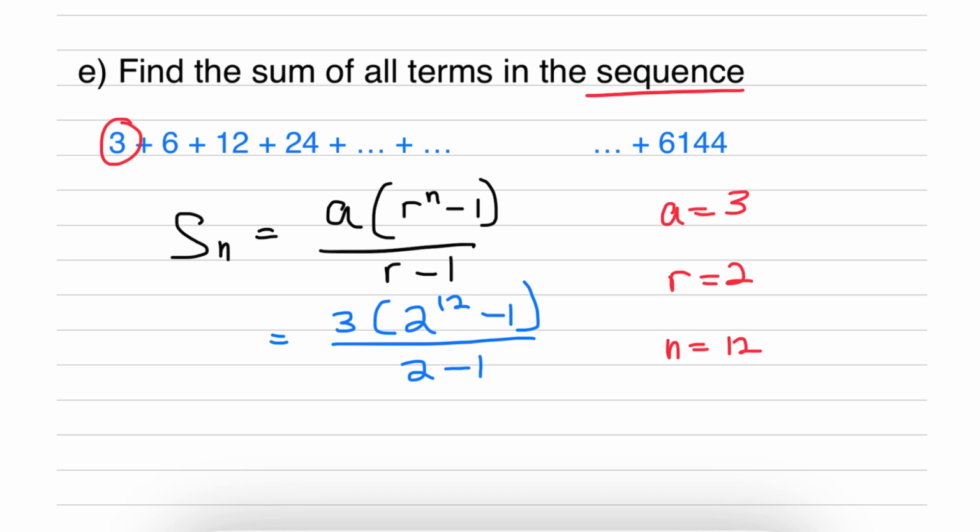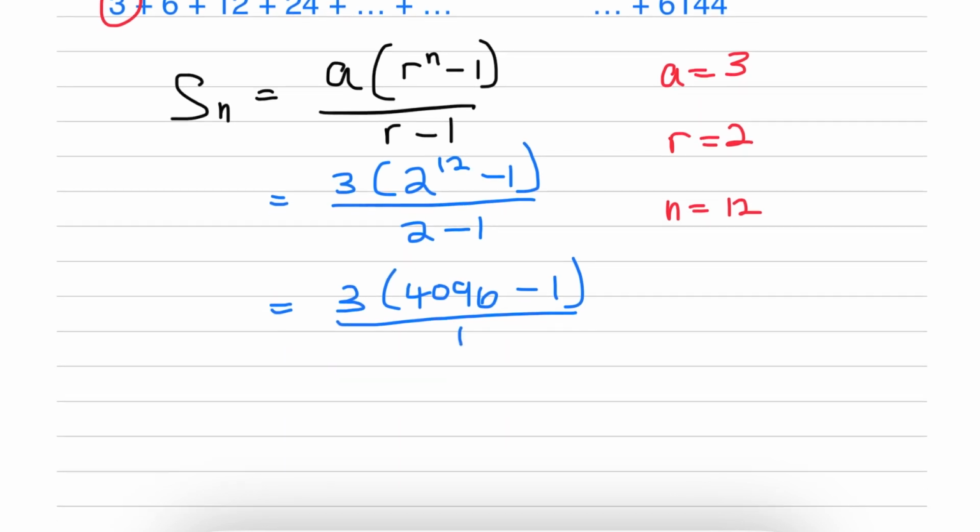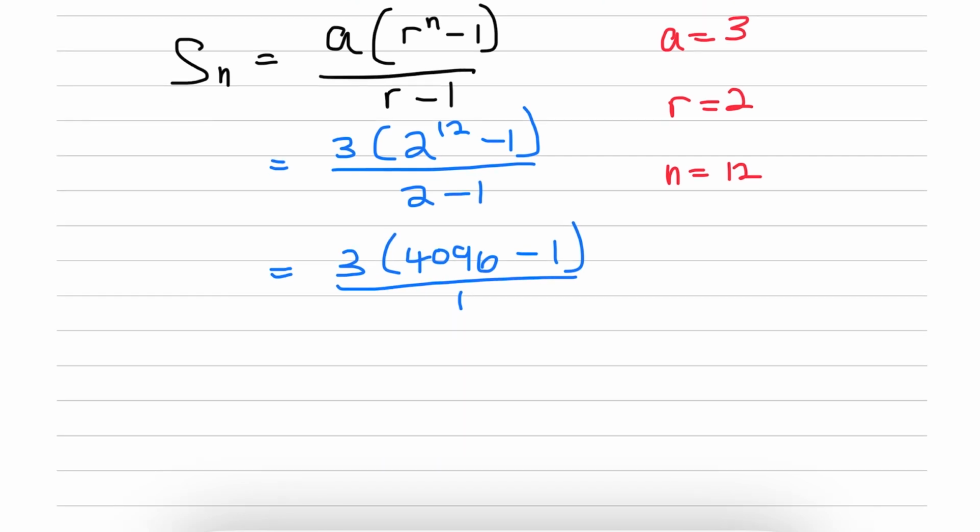Now we can simplify this bit by bit. Let's start with 2 to the power of 12. Okay, 2 to the power of 12 is equal to 4,096. We're going to subtract 1, then multiply that by 3. Also, 2 minus 1 is equal to 1. So if your denominator is 1, that doesn't change anything really.